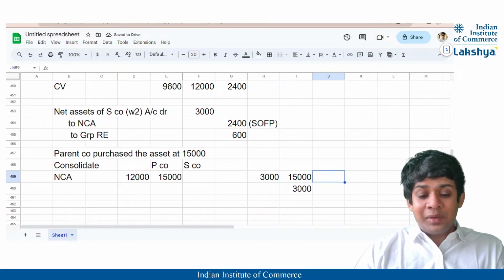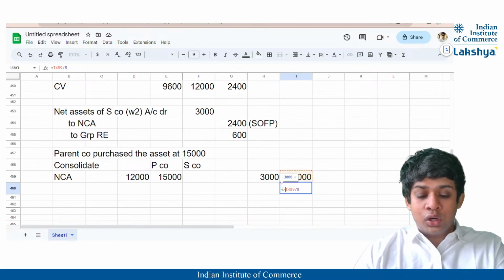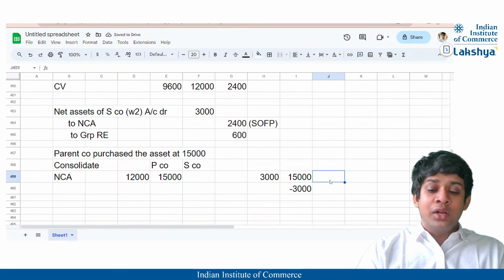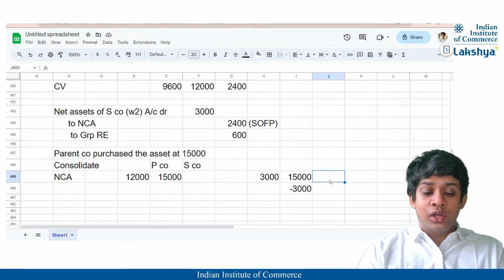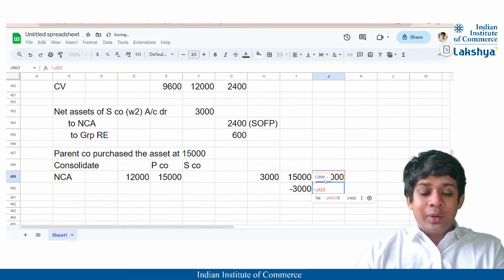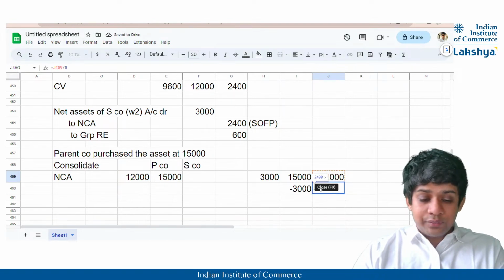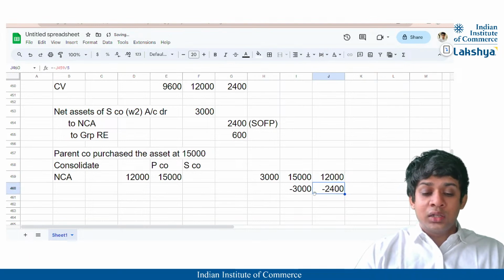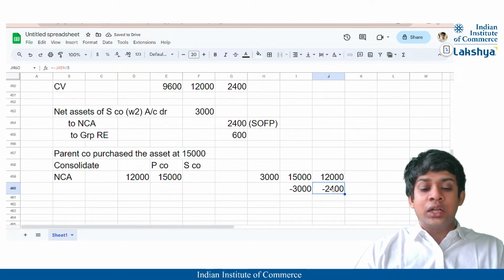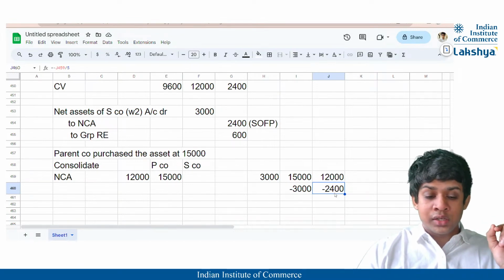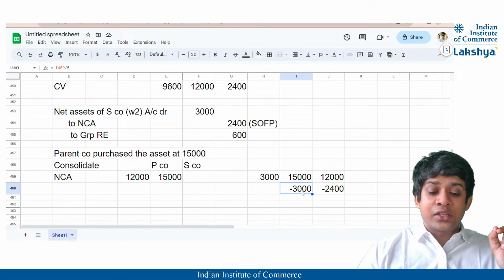But actually, the reduction should have been 12,000 divided by 5 years. That is 2,400. That means the reduction in the non-current asset should have been 2,400, considering the original cost of the asset, right? But the reduction is actually 3,000.